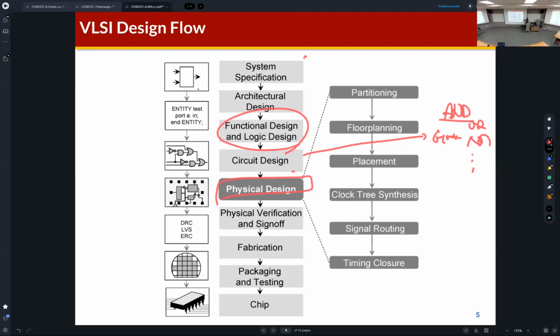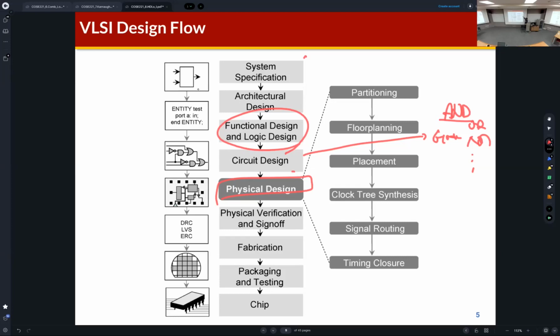This is called the physical design, and it includes steps like partitioning, floor planning, placement, and routing. These are topics of circuit design, so you don't need to understand them, but you need to know that to implement a hardware chip, it also includes the physical design, because it's a real hardware which is working in the real world.